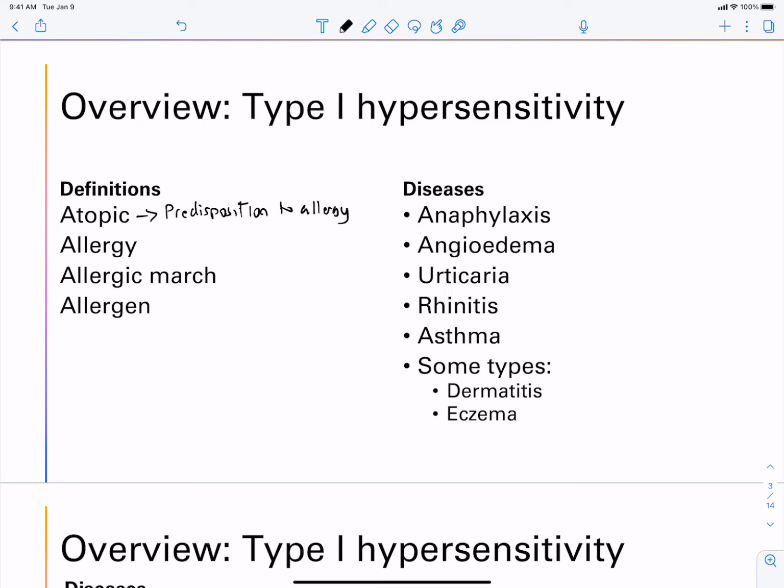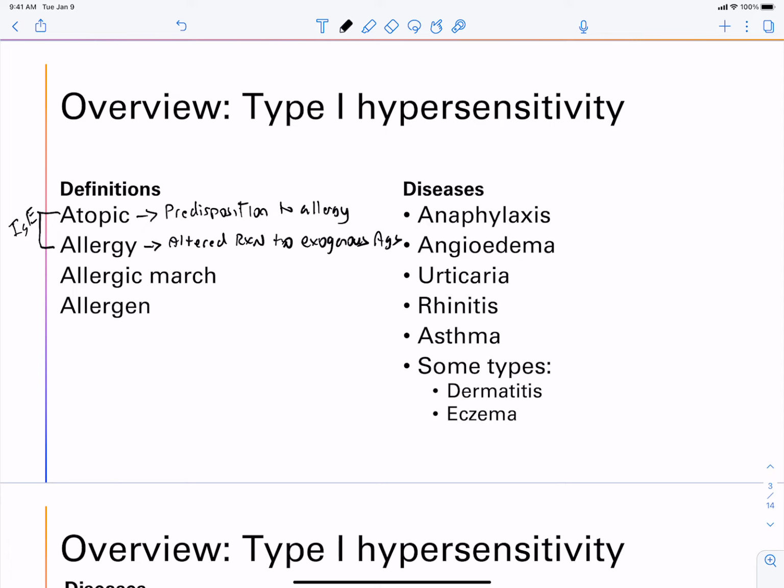And then the term allergy was simply the altered reaction to exogenous antigens. Nowadays, they're both sort of used interchangeably. They're known to be both mediated by IgE. And so if you talk about atopic, you typically are referring to an allergic response.